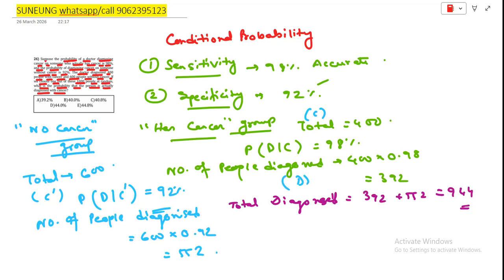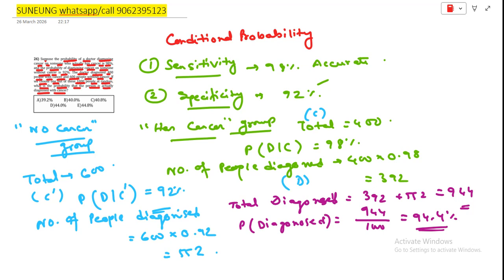So the probability will be 944 by 1000. This is 94.4%.